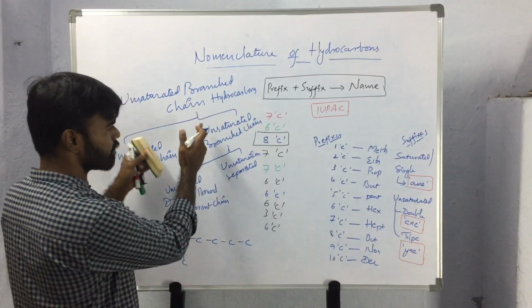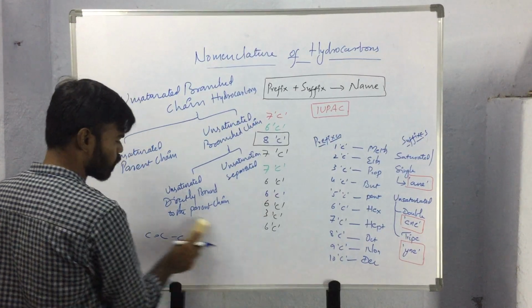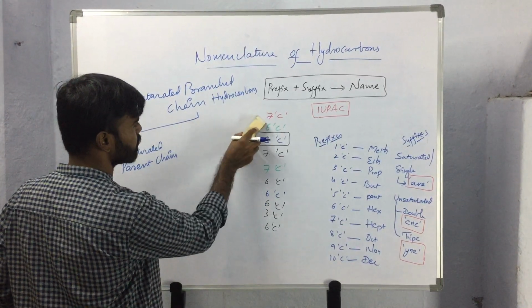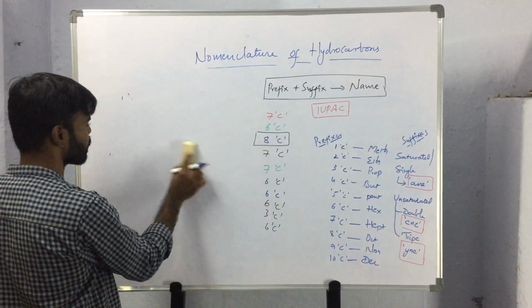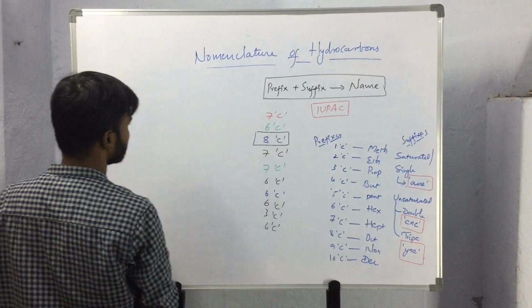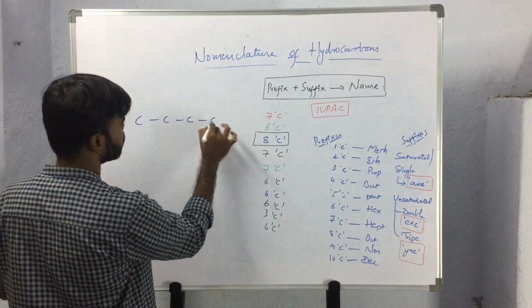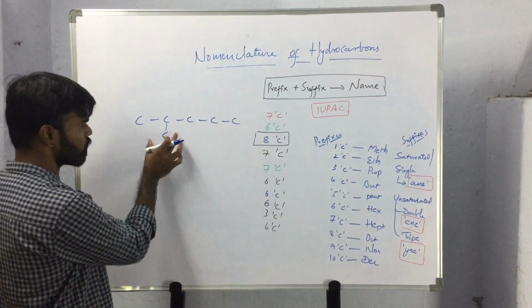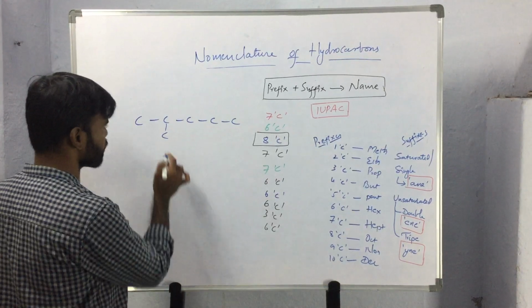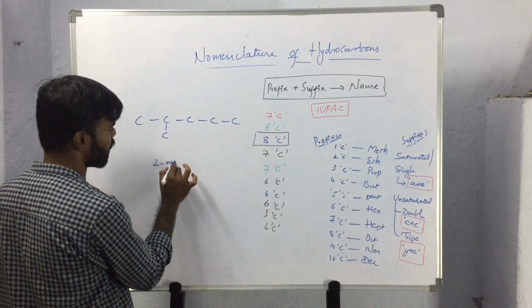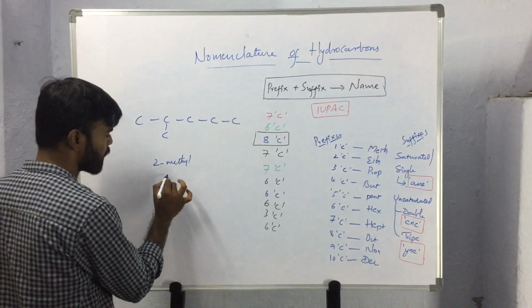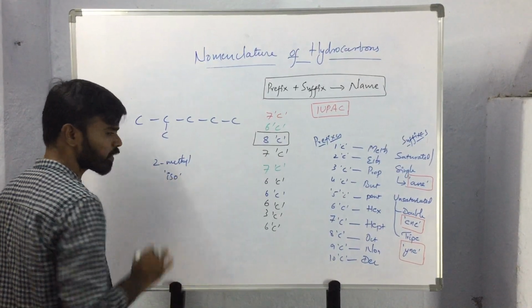Before starting this topic, I forgot one thing regarding branched chain compounds. In branched chain compounds, if we have a carbon substituent on the second carbon atom, instead of writing the name as 2-methyl, we can also use the name iso.